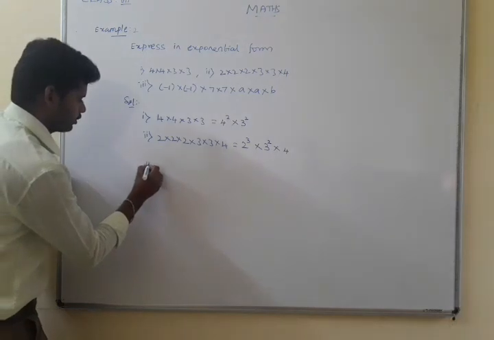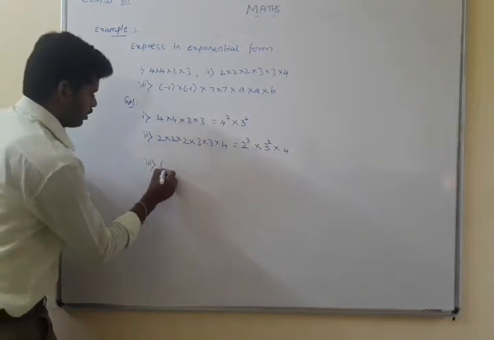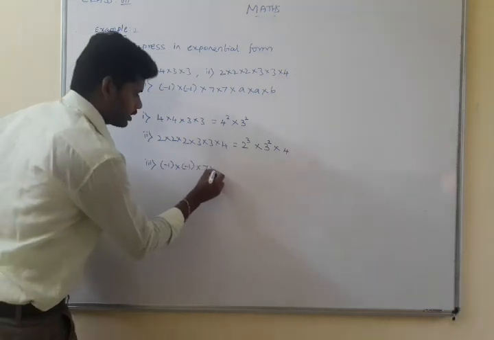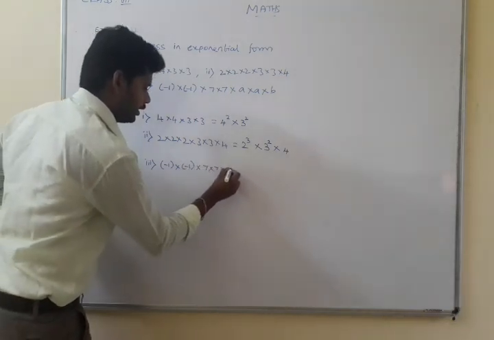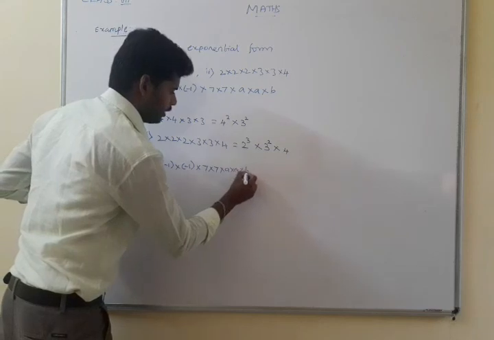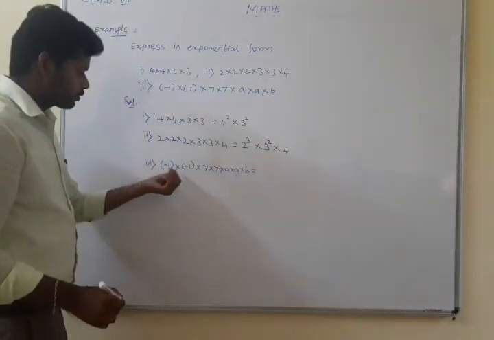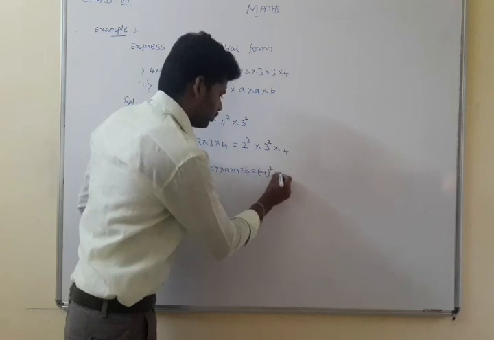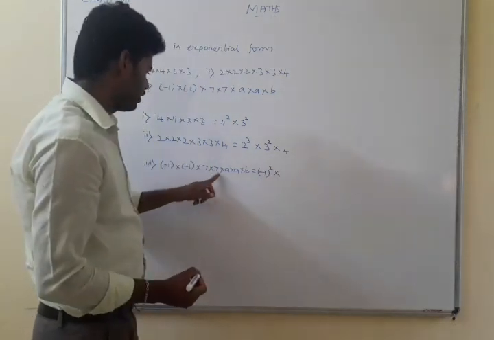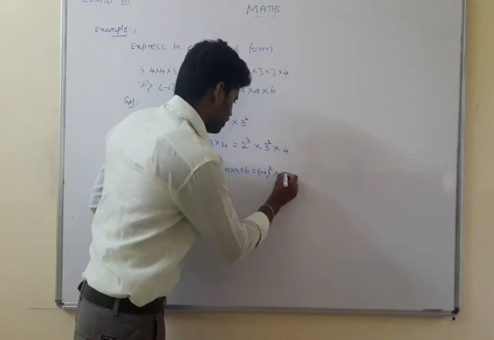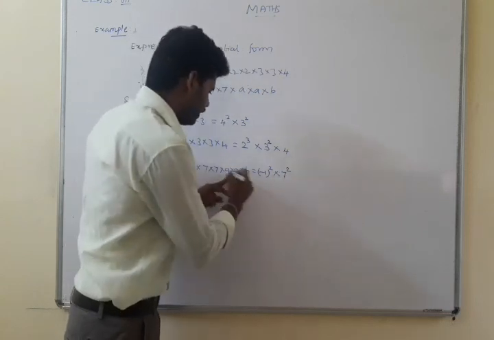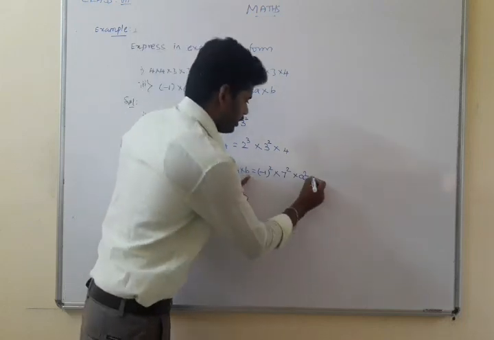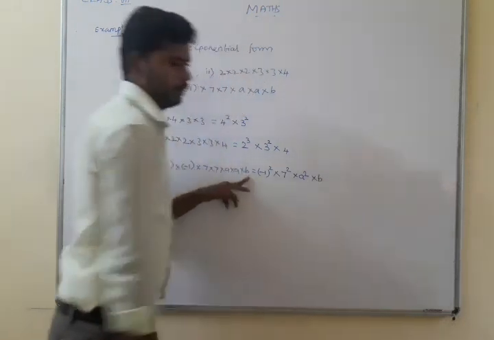Next one: minus 1 into minus 1 into 7 into 7 into a into a into b. Minus 1 appears twice, so minus 1 power 2, into 7 power 2, into a power 2, into b.